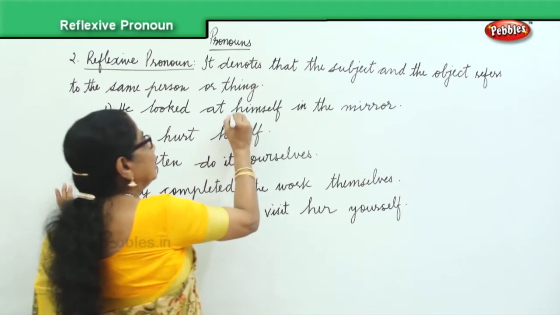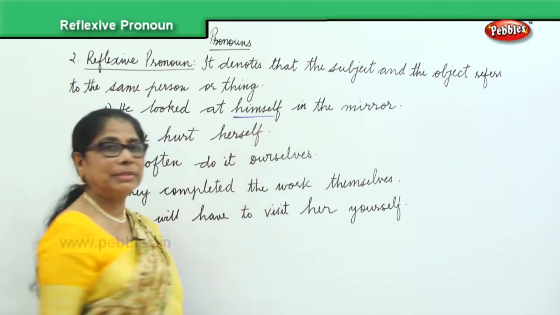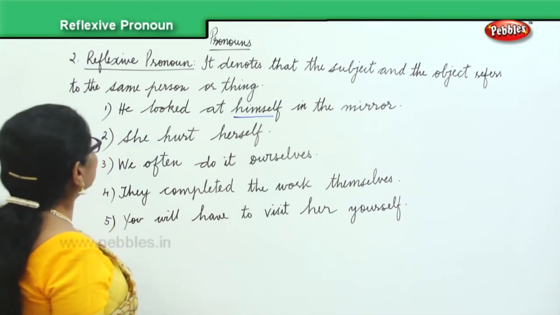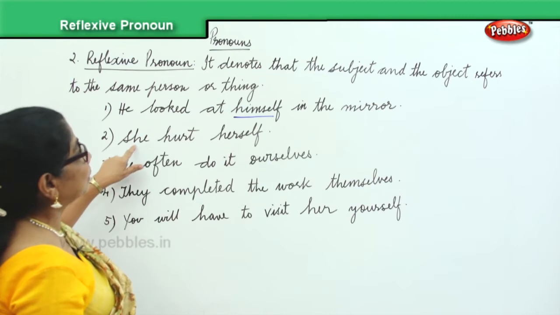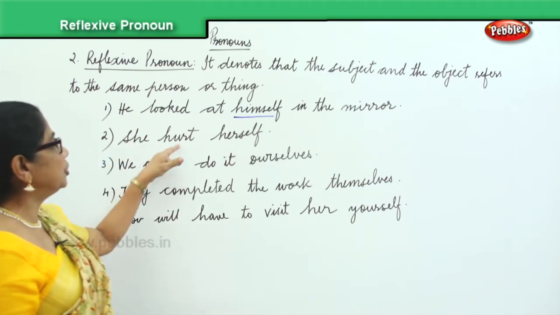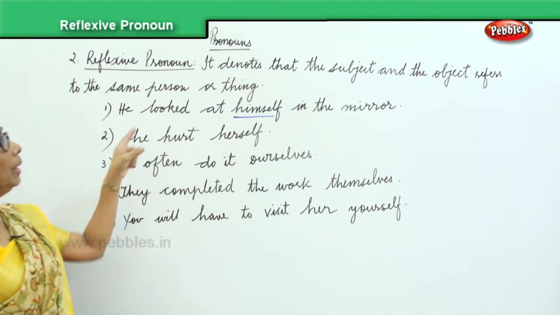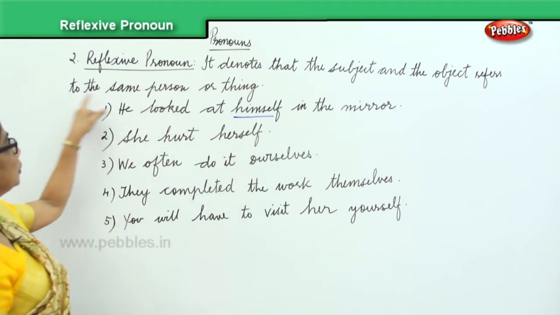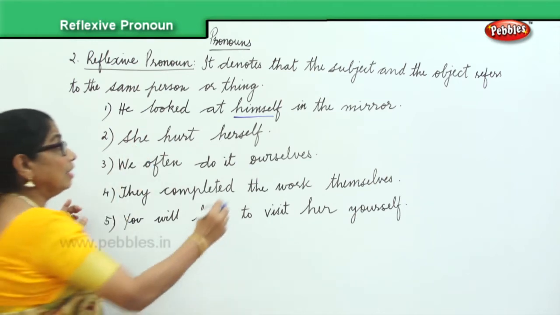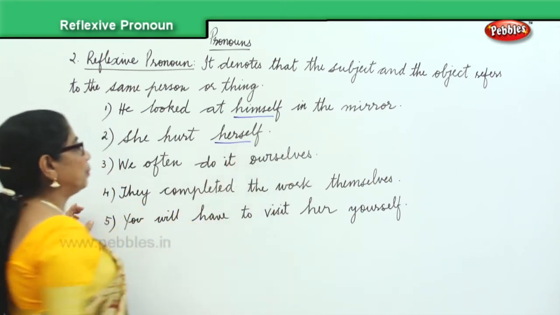Himself in the mirror. So himself is the reflexive pronoun. In the second one, the subject is she, and object is she got hurt. So the subject and the object refers to the same person or thing. So she hurt herself. That's the reflexive pronoun.